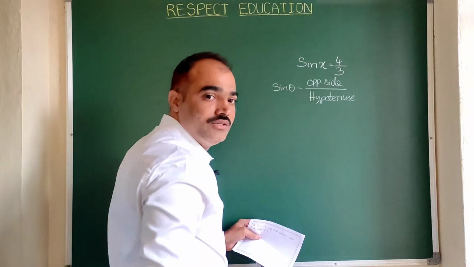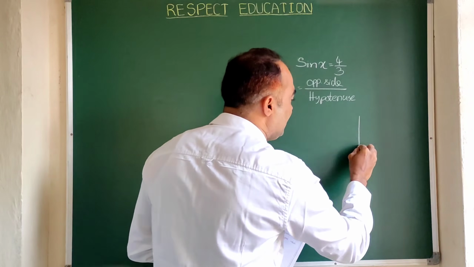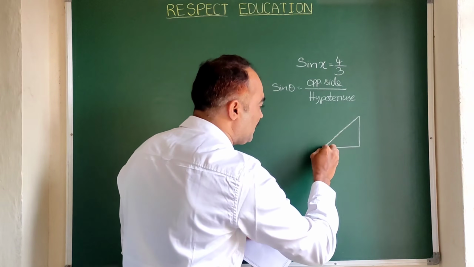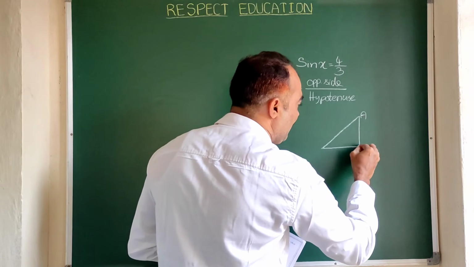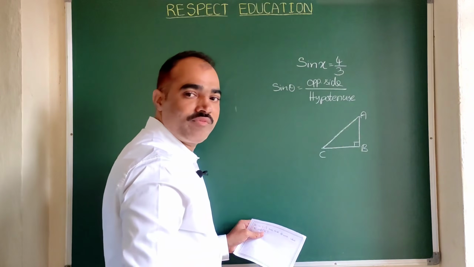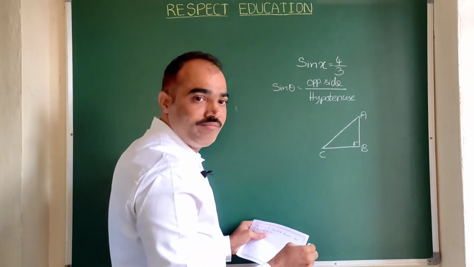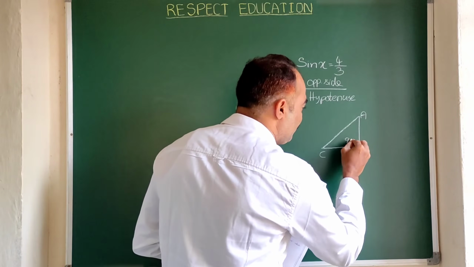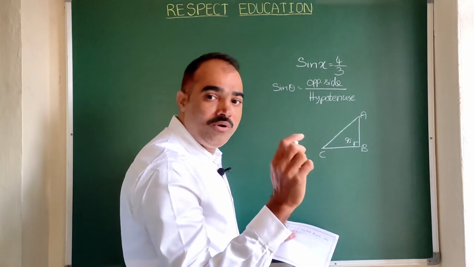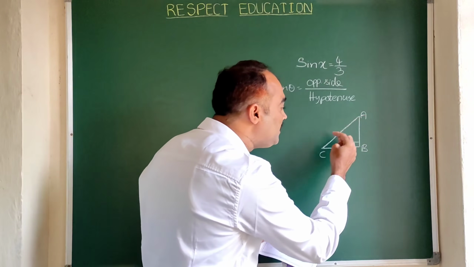Right. So here if you take any triangle, for example I am taking a triangle ABC where the right angle is at B. Here you do understand what angle B is: 90 degrees. Then how much angle will be shared by both A and C?